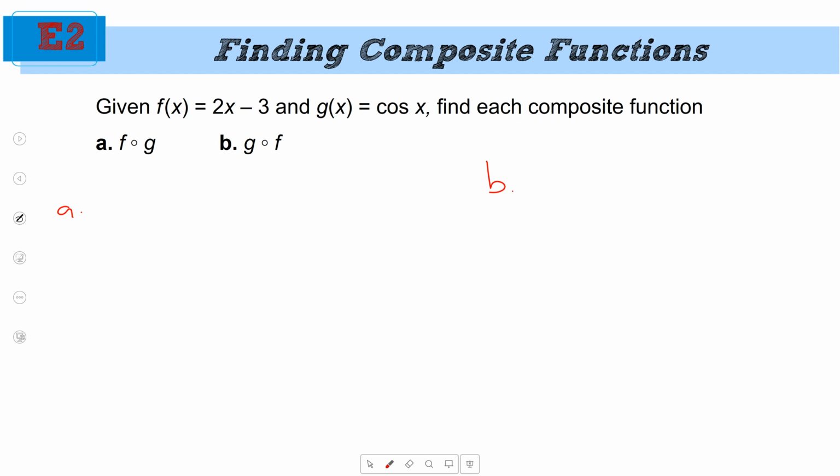Lana, what's f of g? It's 2 times cosine of x minus 3. Perfect. And what's g of f? It's cosine of 2x minus 3. Good.